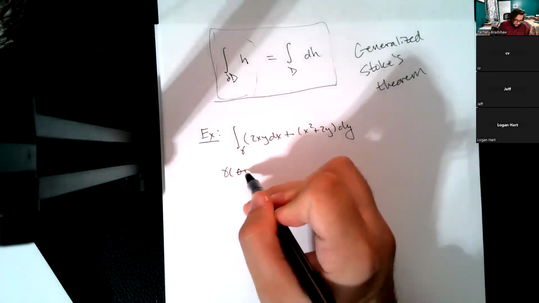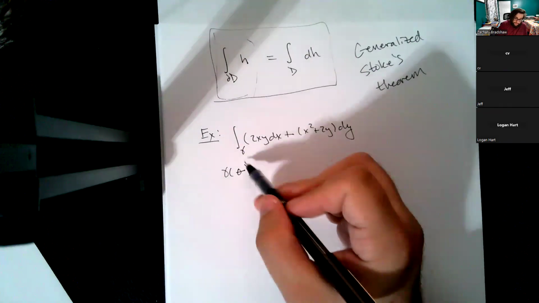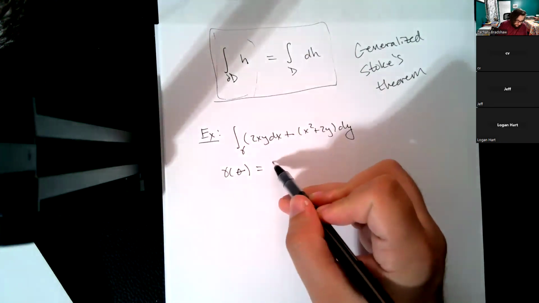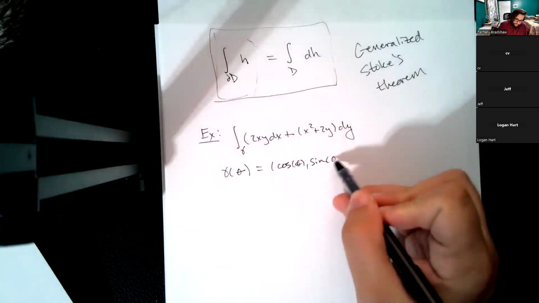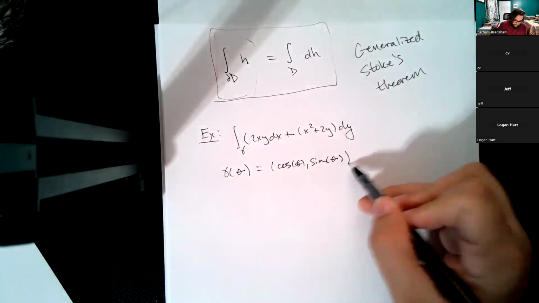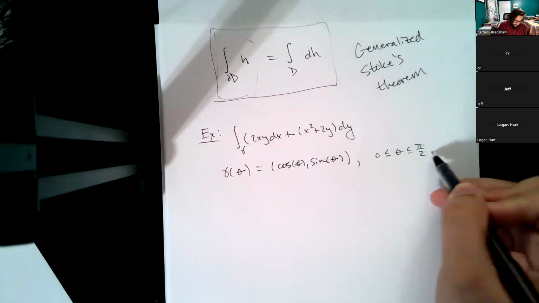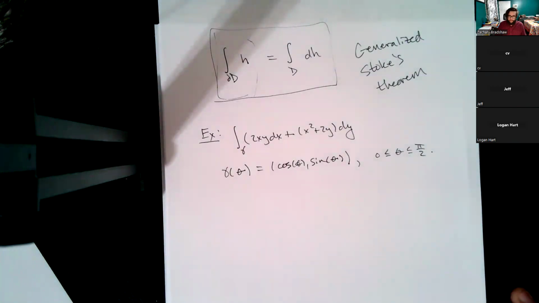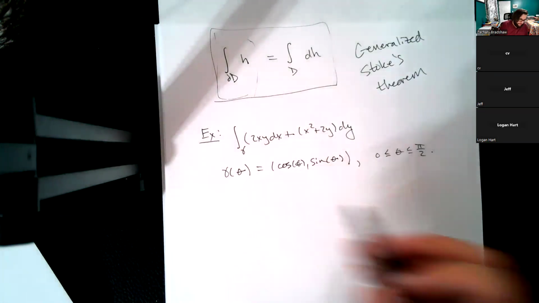Oh, sorry, no, I have to give you gamma. That's right. So we're just gonna take a portion of the circle again. Like so. All right, and now we're gonna use our previous theorem to compute this integral.